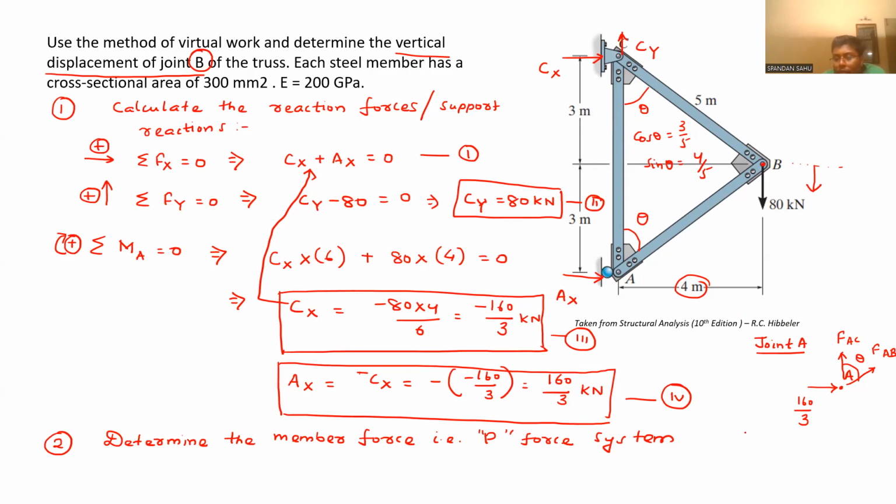Now we can write summation of force along x equal to 0. This will give us FAB into sin theta. Sin theta is 4 by 5, and this direction I am taking to be positive. FAB sin theta plus 160 by 3 will be equal to 0. This implies FAB will be minus 160 by 3 into 5 by 4.